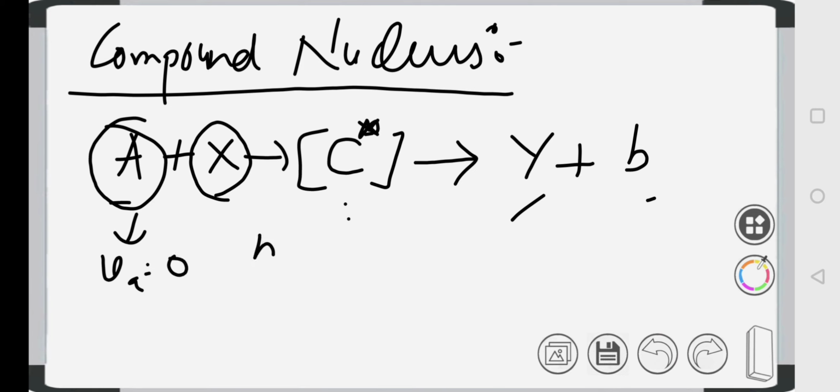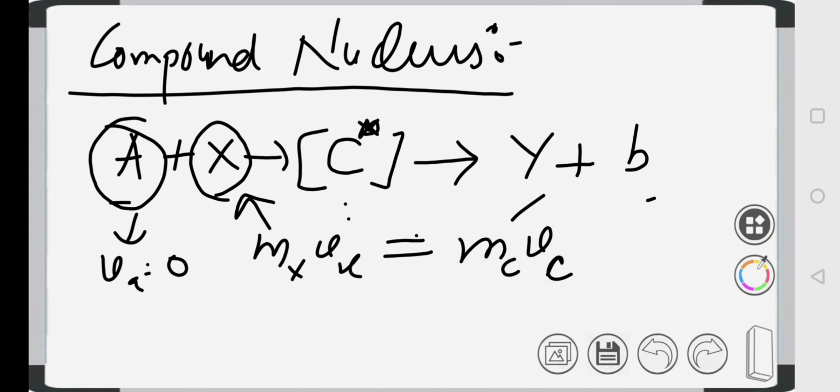So the momentum of this projectile, mx vx, will be equal to mc vc. It means the momentum of this compound nucleus will be equal to momentum of this projectile.